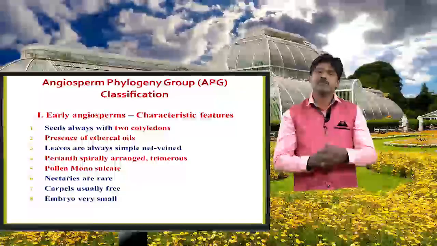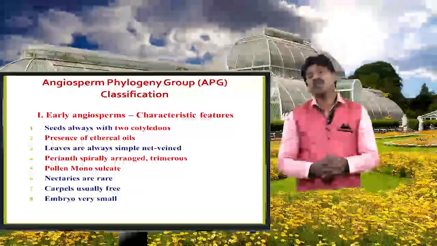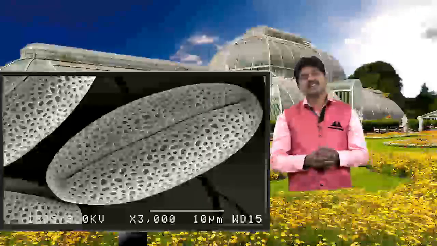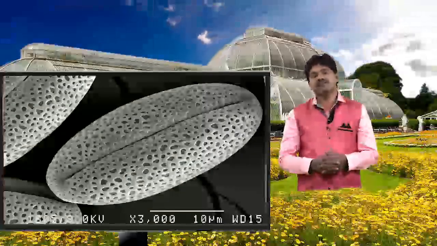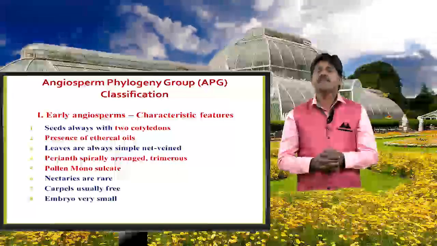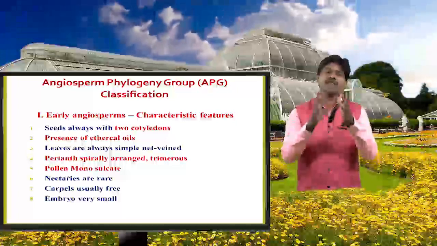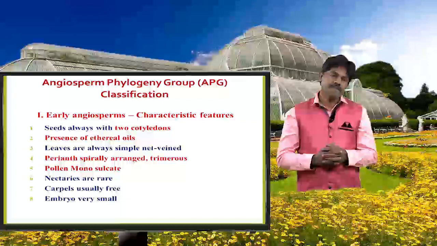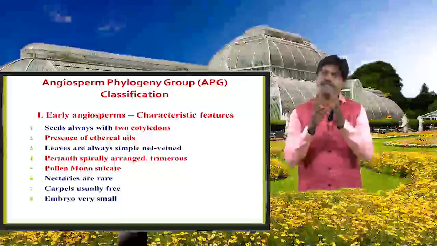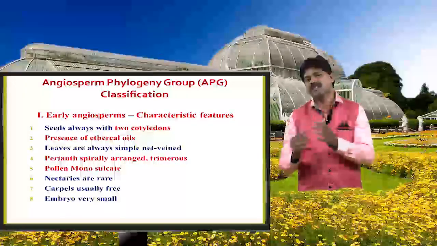So, early angiosperms have the characters of both dicots and monocots. The pollen grain character is a very important character, which is a monosulcate pollen grain. Another important feature is the nectaries. The nectaries are very rare. And another important feature, the embryo is very small when compared to monocots. So these are the characteristic features of early angiosperms.